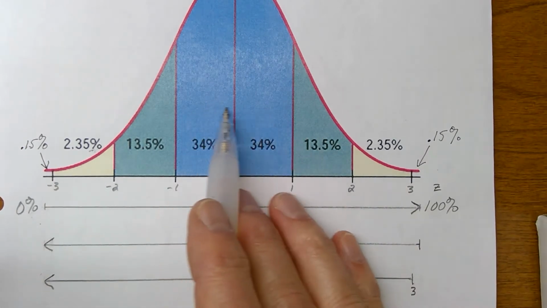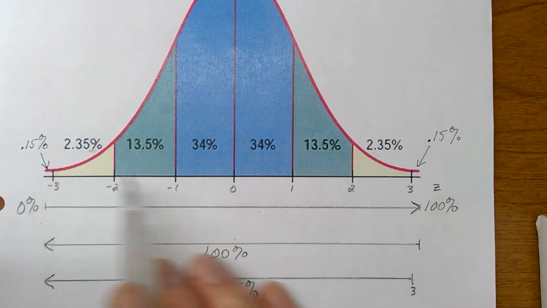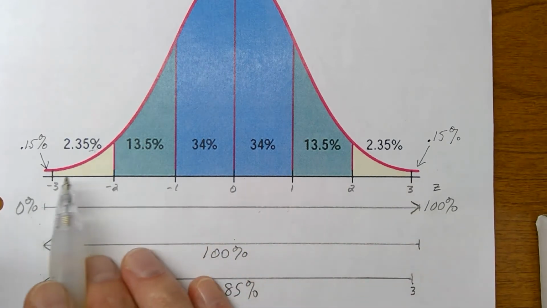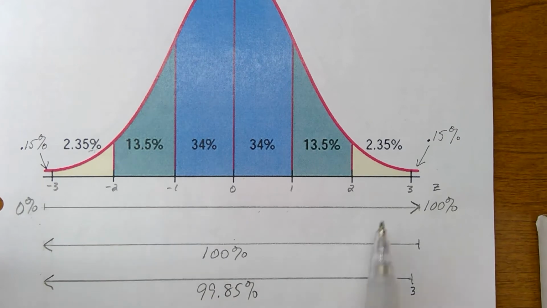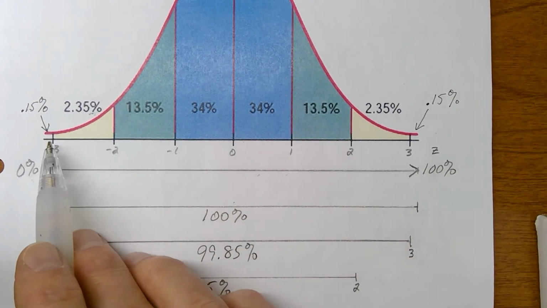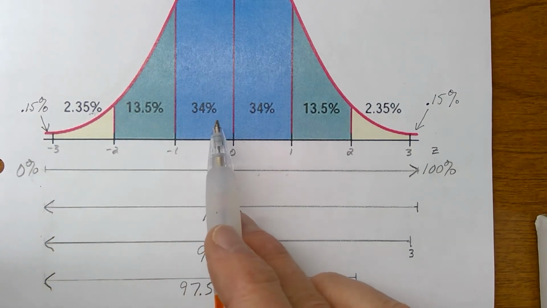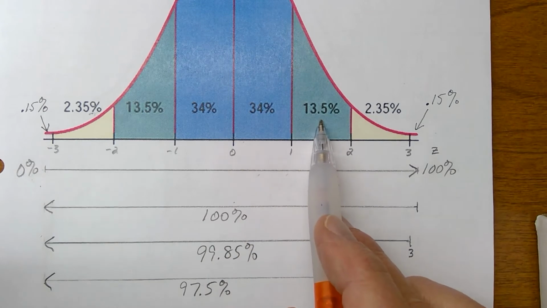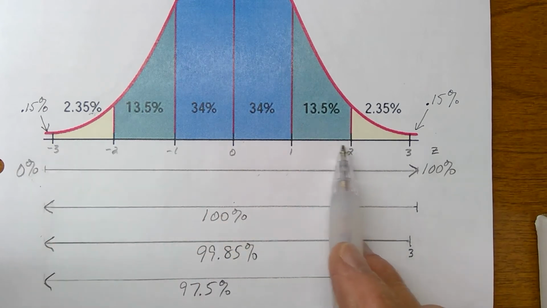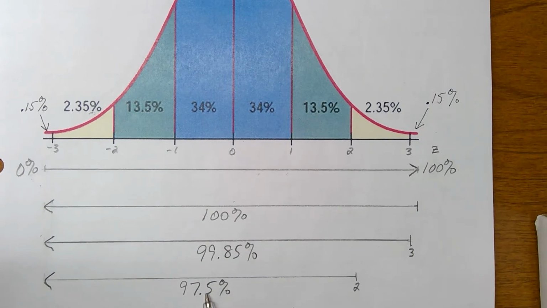A bunch of them are here. There's a few here, but they are to the left of 3. They are less than 3 is how we're going to say it in a minute. Well, what about 2? How many are left of 2? Well, I add up the 0.15 and 2.35 and 13.5 and 34 and 34 and 13.5. So I add up everybody below 2, and that adds up to 97.5%.